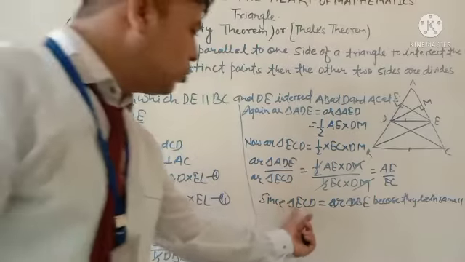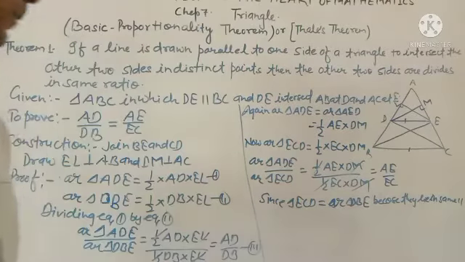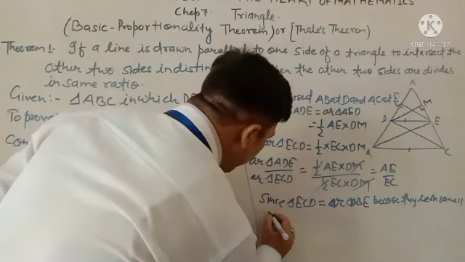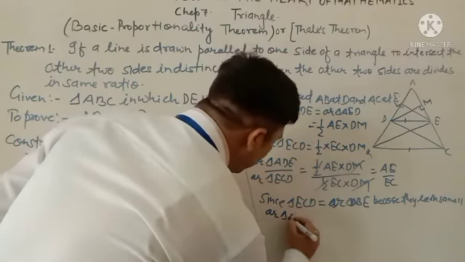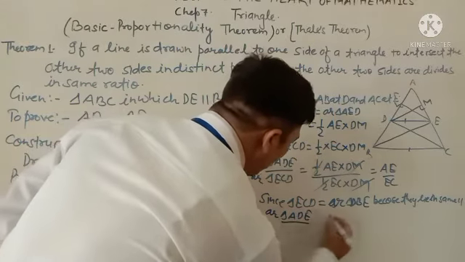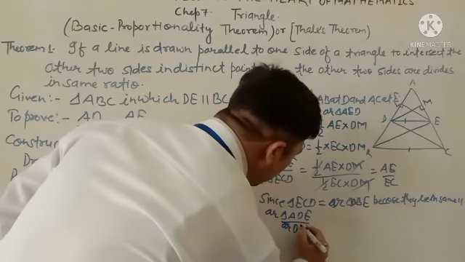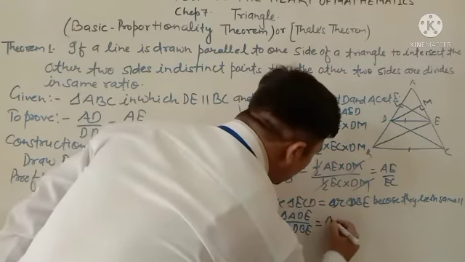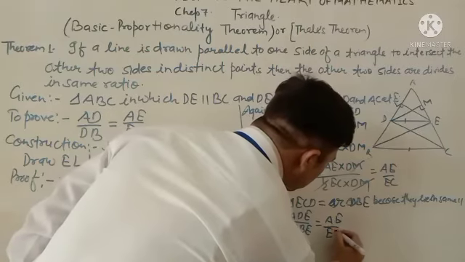Therefore, putting the value of ECD as DBE, area of triangle ADE upon area of triangle DBE is equal to AE upon EC.